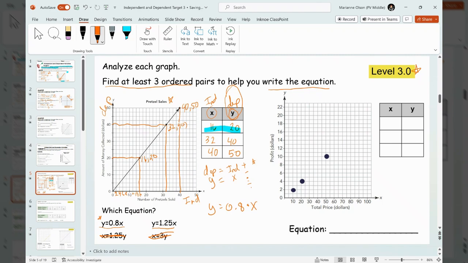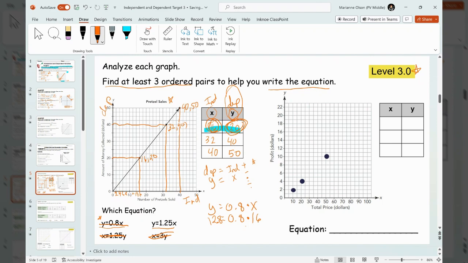So I'm going to substitute in 0.8 times, and what number is our x? 16. Now, if this is the correct equation, my number should be my y, which is 20. So let's see. With my handy dandy calculator, I'm going to do 0.8 times 16. That gives me 12.8. That is not 20, so this is not the correct equation.